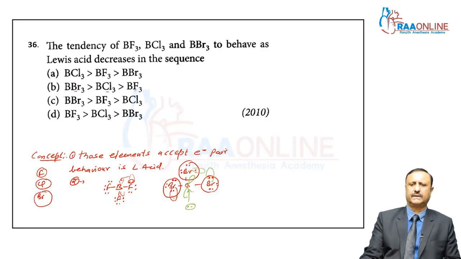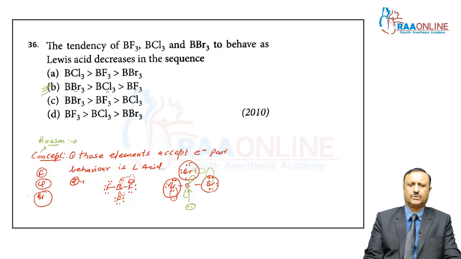So BBr3 has greater Lewis acidic character than BF3. This is the reason and this is the concept. With the concept and reason, you can get this answer. So my dear students, for question number 36, your answer is B.